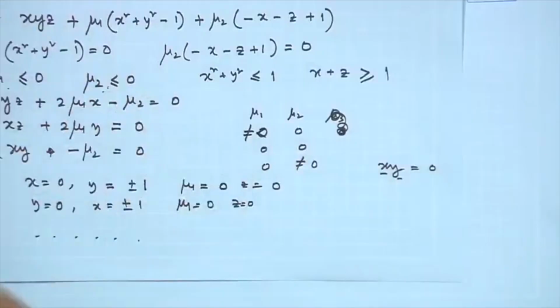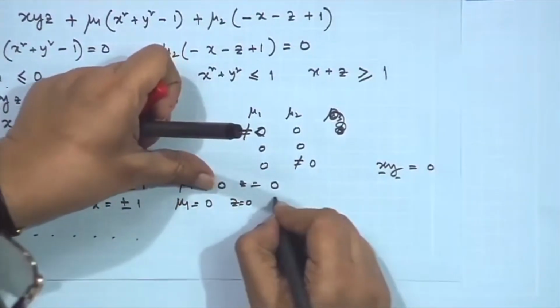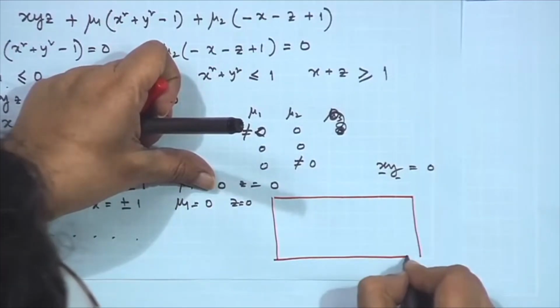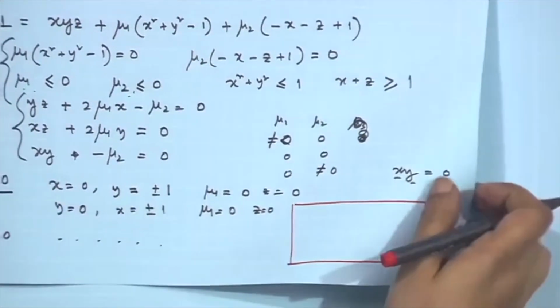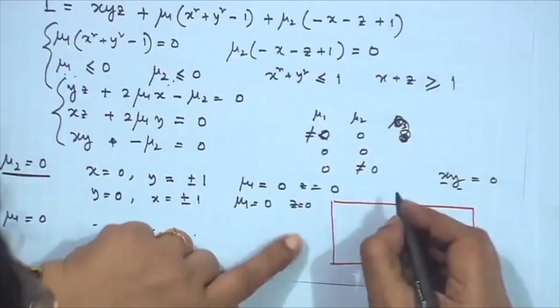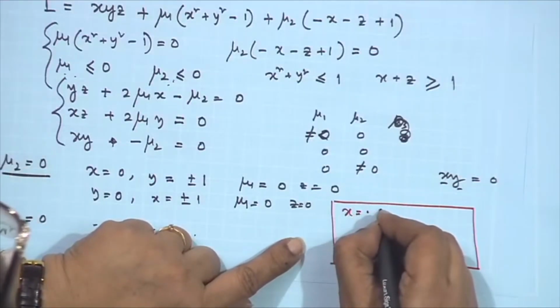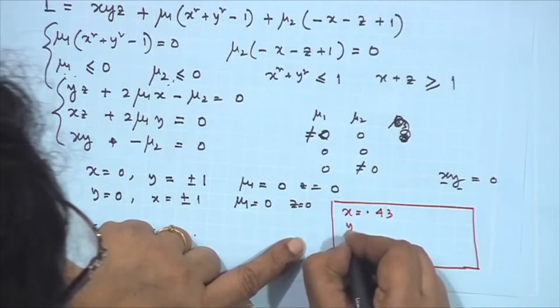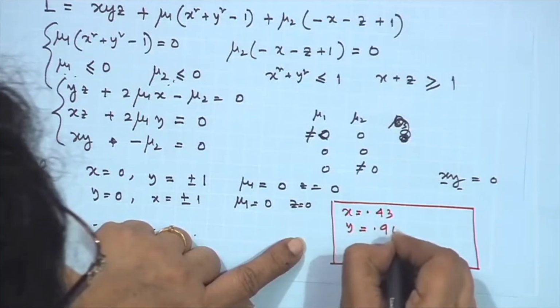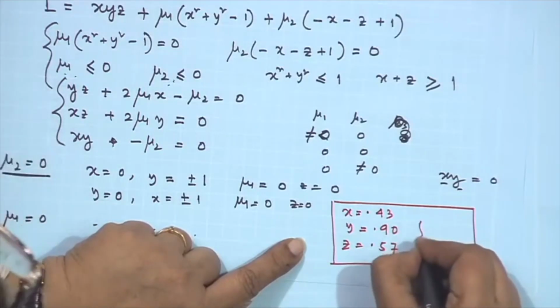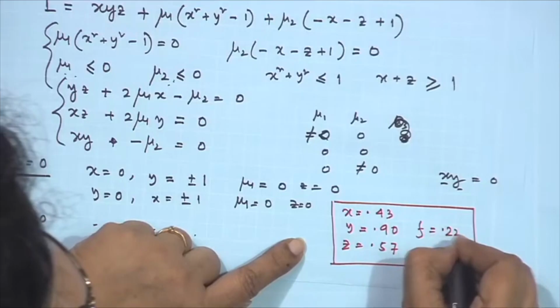Ultimately, we will get an optimal solution from here. You have to check with different conditions of mu 1, mu 2, considering 0, non-zero, etc. We will get x is equal to 0.43, y is equal to 0.90, z is equal to 0.57 and f is equal to 0.22.